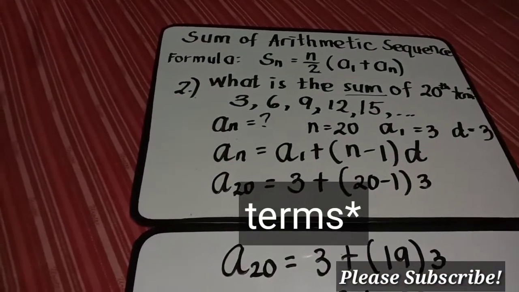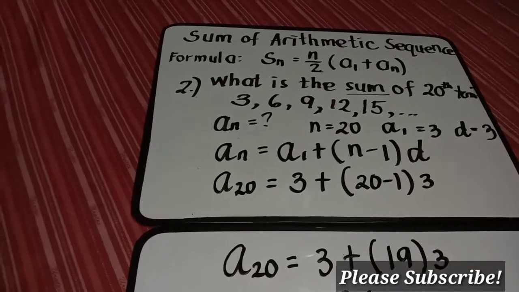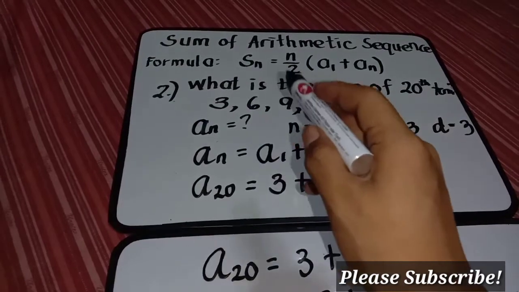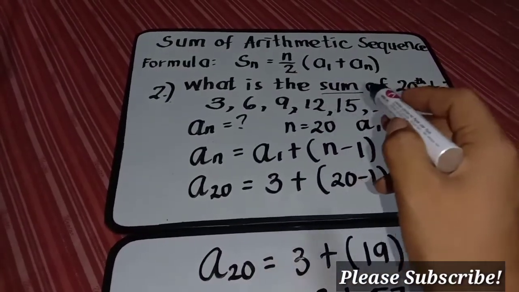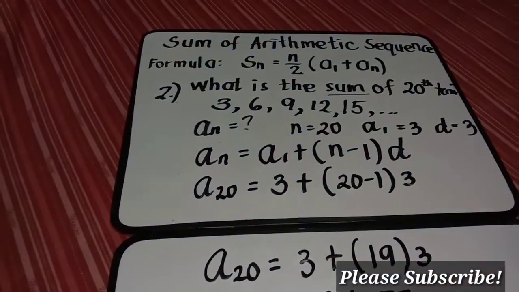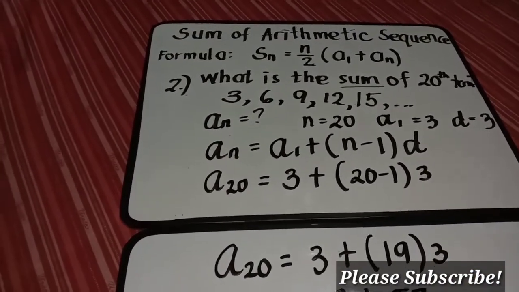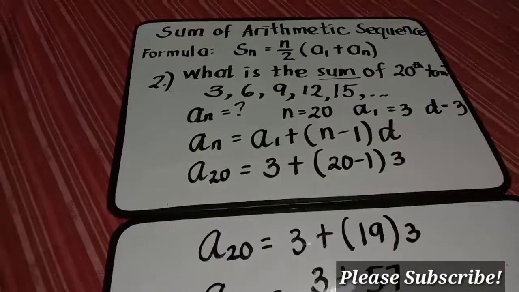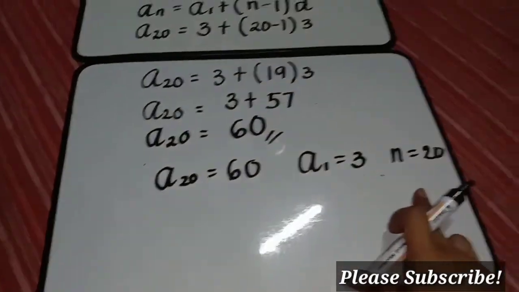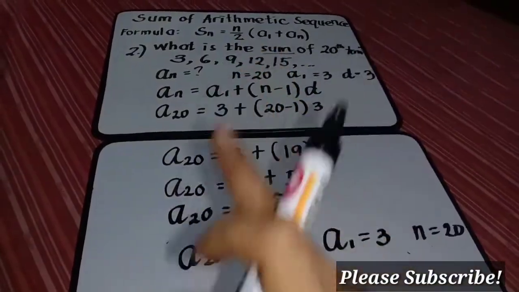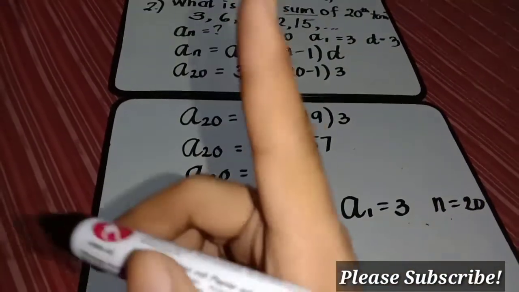So, given pa rin, a sub 20 is 60. Yung formula natin yung nasa taas, yung S sub n is equal to n over 2 times the quantity of a sub 1 plus a sub n. A sub 1 pa rin natin is 3 and then n natin is 20. So, makukuha natin from that given sequence.